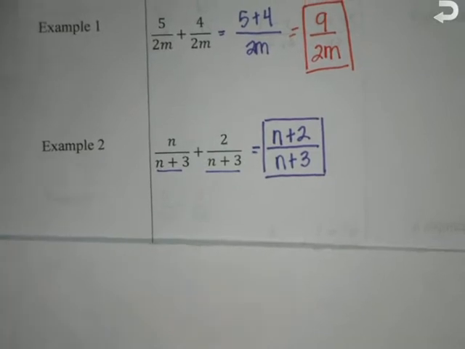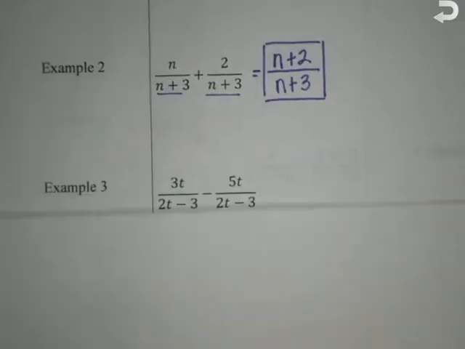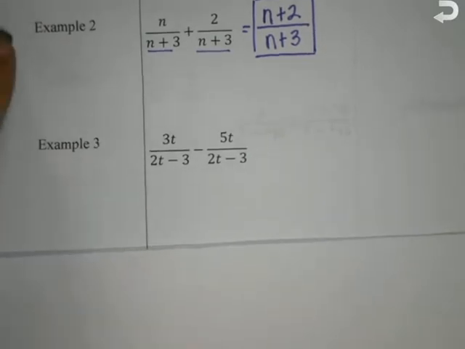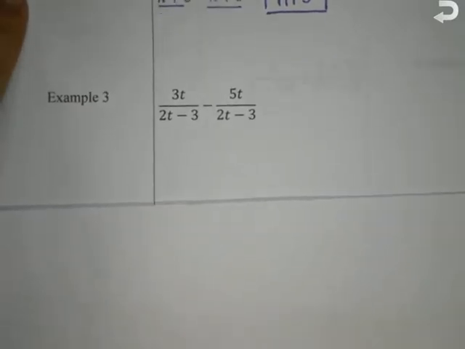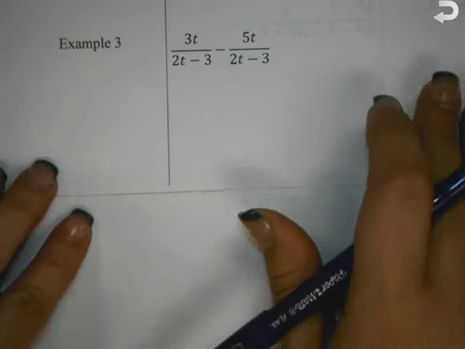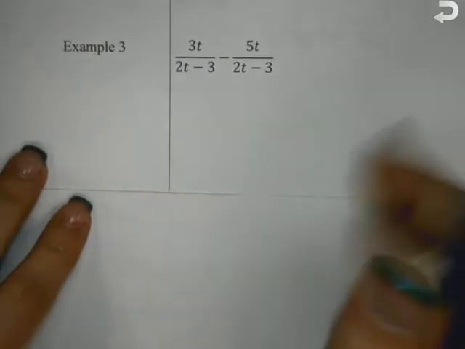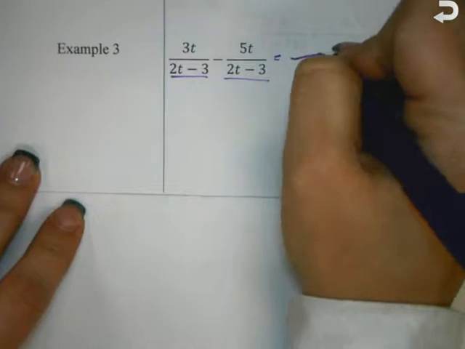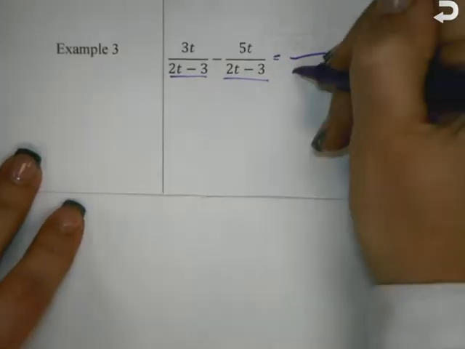Example 3. 3t over 2t minus 3 minus 5t over 2t minus 3. Do I have common denominators? Yes. So let's write the whole thing over the common denominator, 2t minus 3.